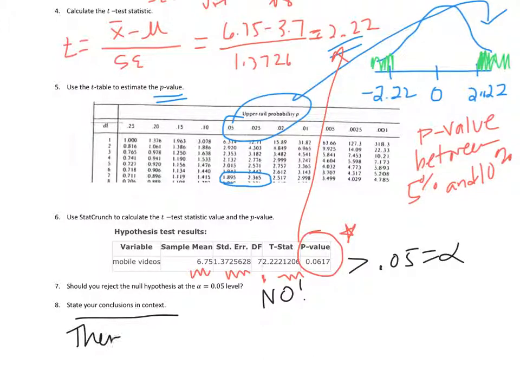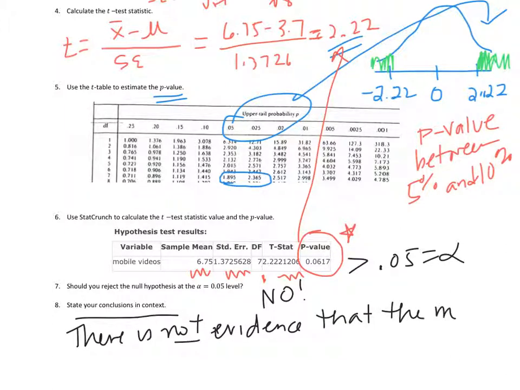We'll say something like this: there is not evidence that the mean number of hours per month that all college students who are mobile subscribers watch videos differs from the general population of US mobile subscribers. Okay, that's it.